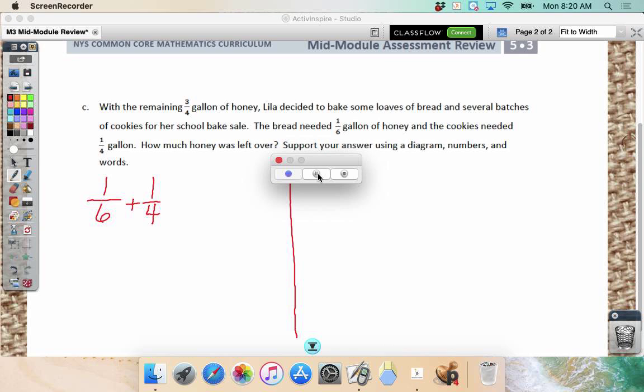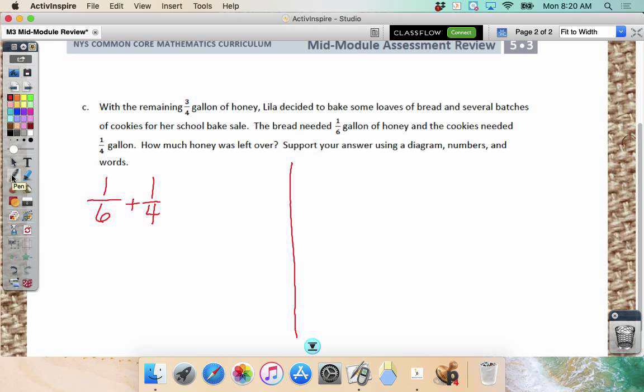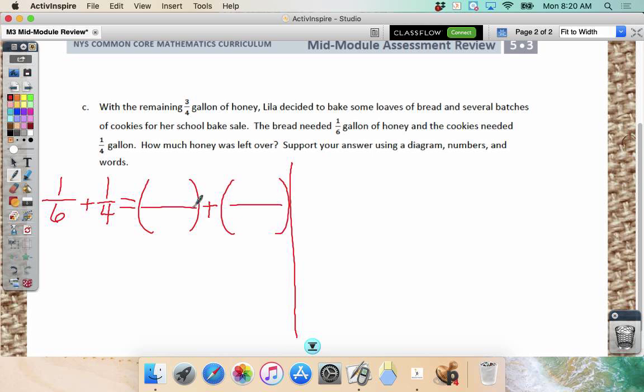All right. So does anybody remember the common denominator for 6 and 4? 12. Okay. So, gosh, I don't have much room here. See if I can move that over. All right. So we're going to do option 2, and we're adding. The common denominator is 12.